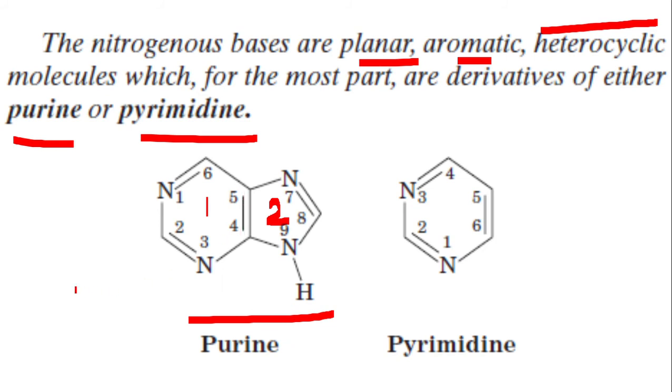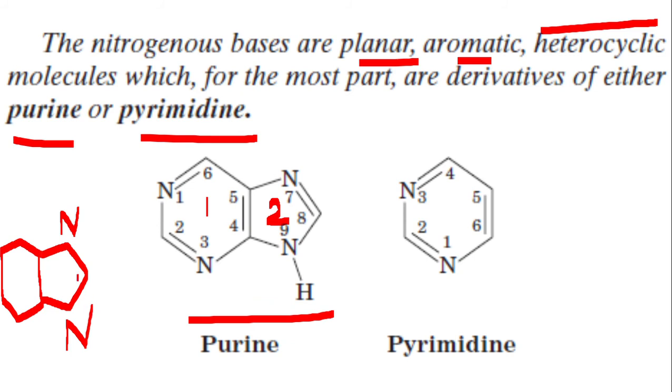Sometimes children may draw a structure like this. Up to this much is okay. Sometimes they draw this nitrogen like this, nitrogen number 7. It is wrong. Don't do this. They may draw this nitrogen like this. That also is wrong.